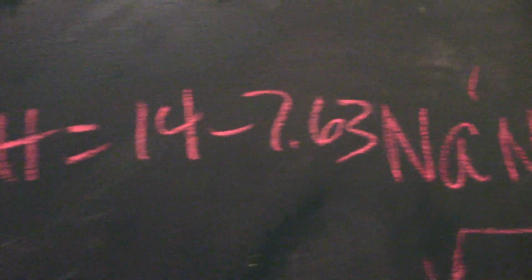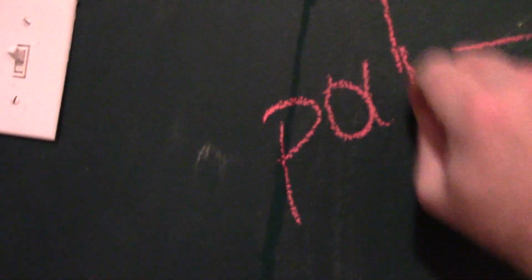So that's going to equal 14 minus 7.63, and that is 6.37. So that's my pOH.